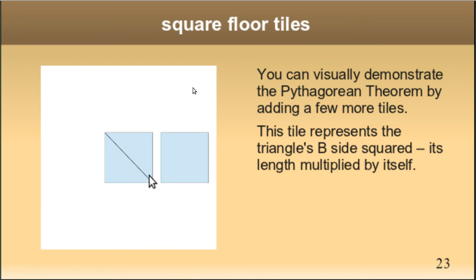Now, you can visually demonstrate the Pythagorean theorem by adding a few more tiles. This tile represents the B side. I'll call this B. And we're going to multiply B times B, 12 times 12, or 1 foot by 1 foot, and we're visually representing that abstract figure with another square.